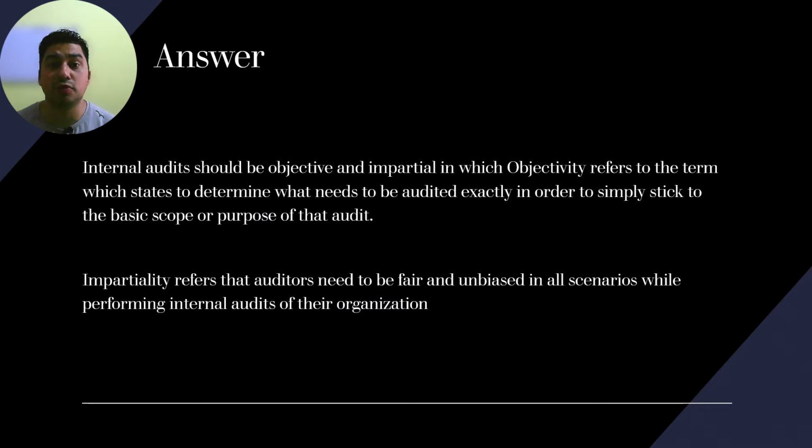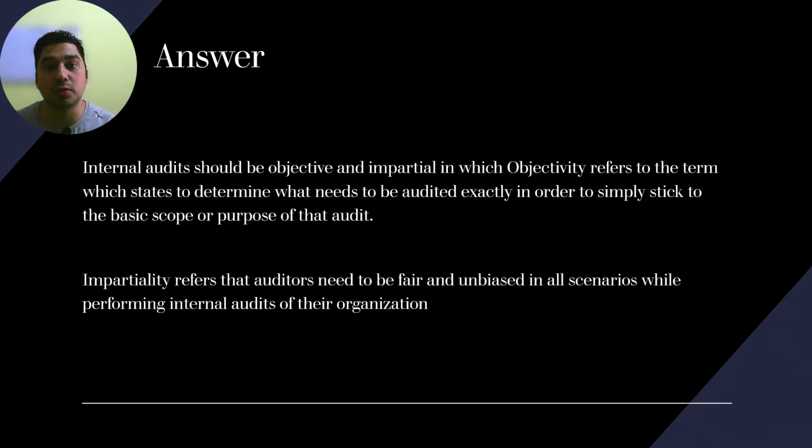Without objectives, you can't conduct any audit. So in this way you have to answer this question. Internal audit should be objective and impartial, in which objective refers to the term, okay. What is the meaning of objective? Objective refers to the term which states to determine what needs to be audited exactly, okay.